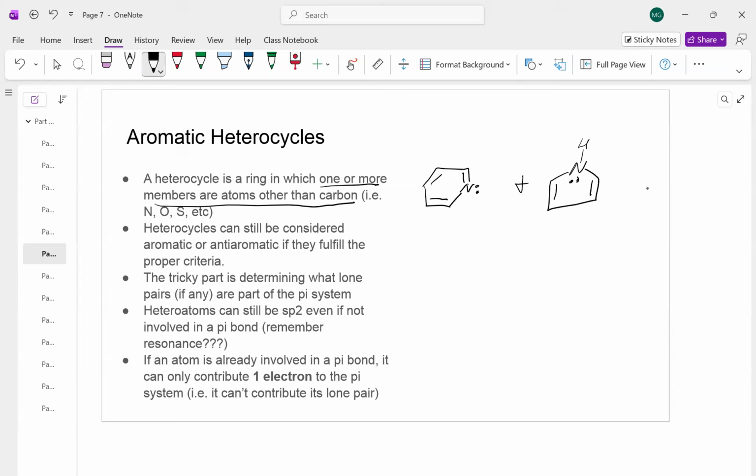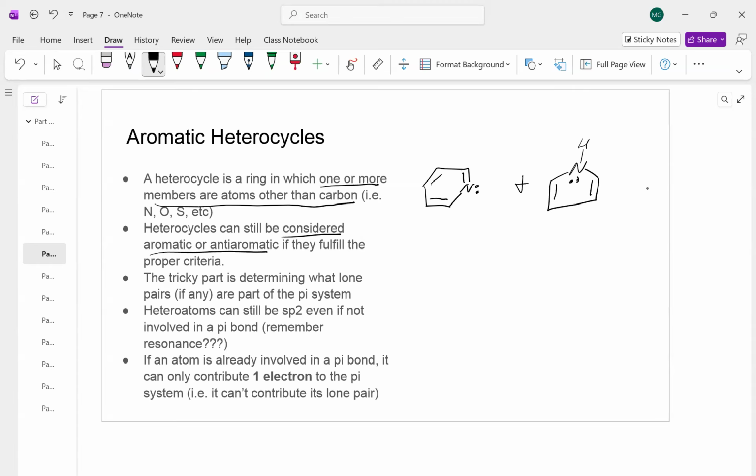And it is possible for these heterocycles to fit one of our three categories that we talked about in the previous video. There could be aromatic heterocycles, there could be anti-aromatic heterocycles, or there could be non-aromatic heterocycles. So they can still be considered these things as long as they fulfill the proper criteria.